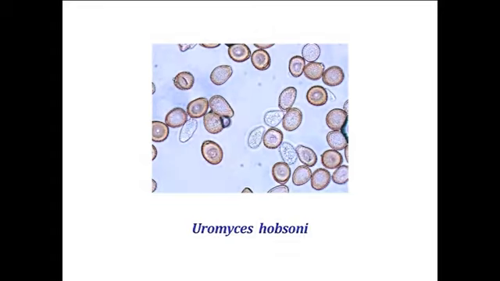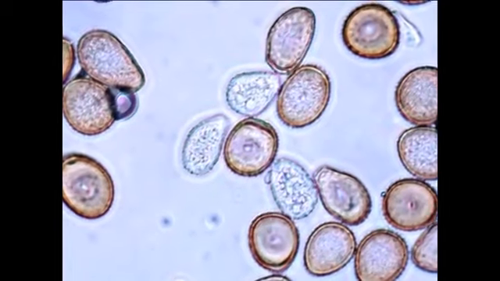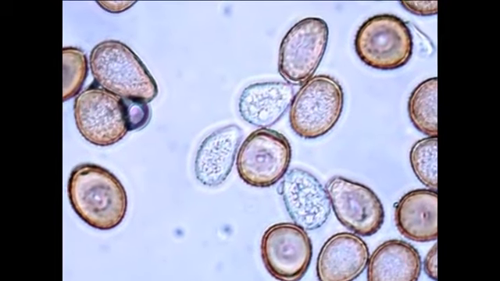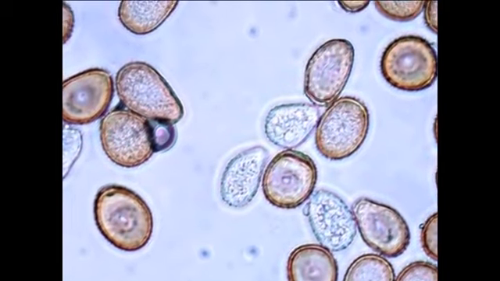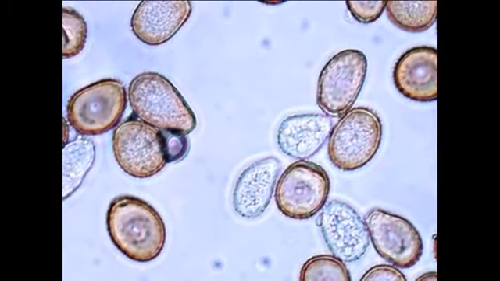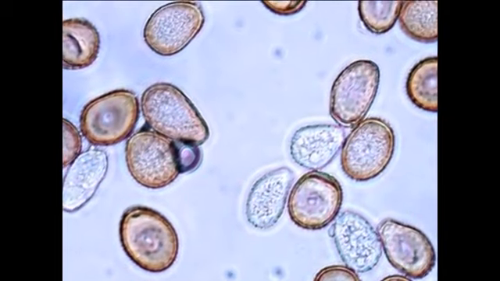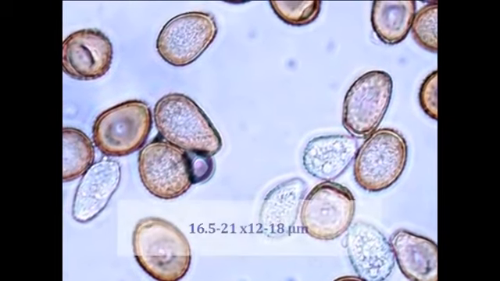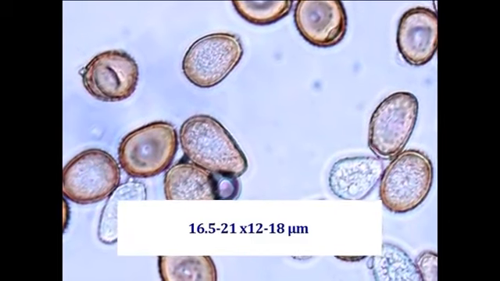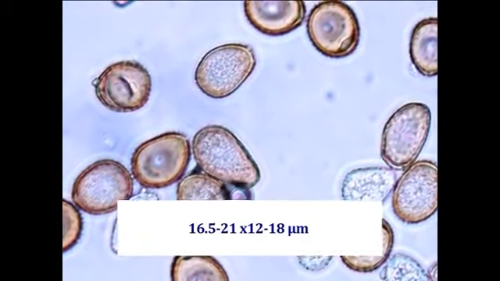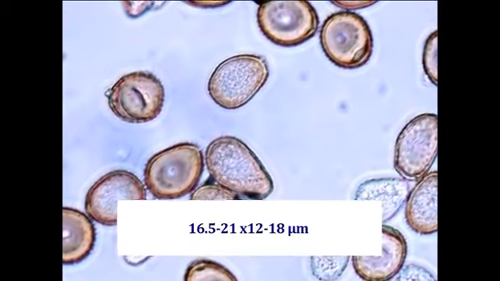The pathogen produces aecia, which are raised, scattered, orange colored, aecioid, while aeciospores are orange yellow, thin walled, 16.5 to 21 by 12 to 18 micrometer in size.